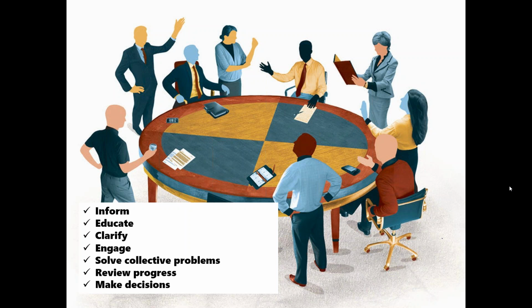We will often have meetings to inform people about the change. Those sorts of meetings are very one way, where the leader of the meeting is pretty much giving feedback around what those changes look like and how they might impact on the individuals around the table. So we attend plenty of information meetings, I'm sure you'd agree.